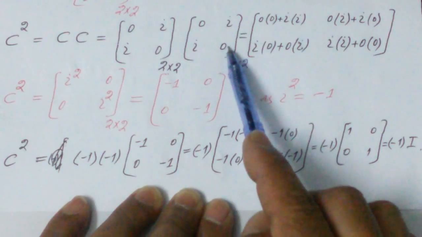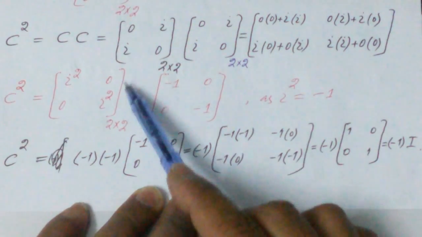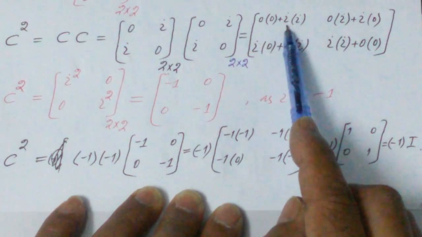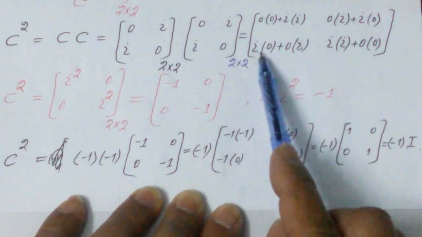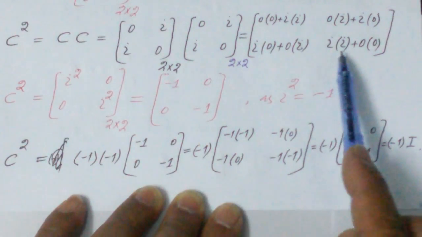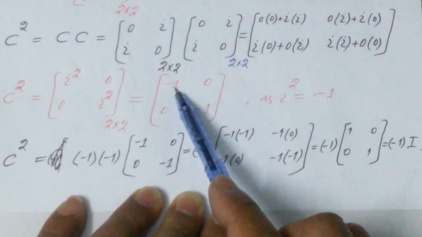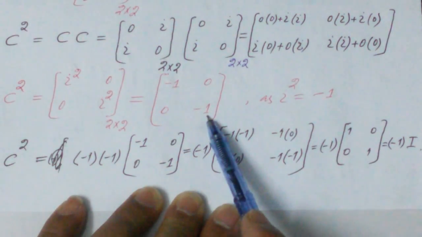Multiply the second row with second column, iota multiplied by iota plus 0 multiplied by 0. This resultant element is 0 plus iota square. 0 plus 0 is equal to 0. 0 plus 0 is equal to 0. Iota square plus 0 is equal to iota square. Iota square is equal to minus 1. So we get 0, 0 and minus 1.